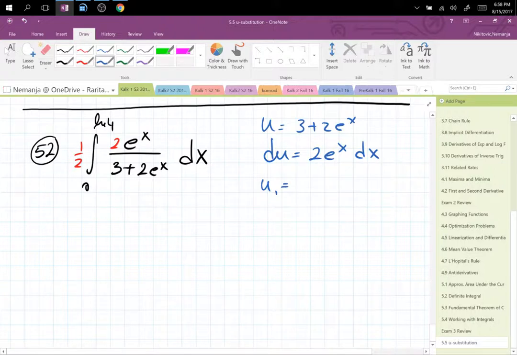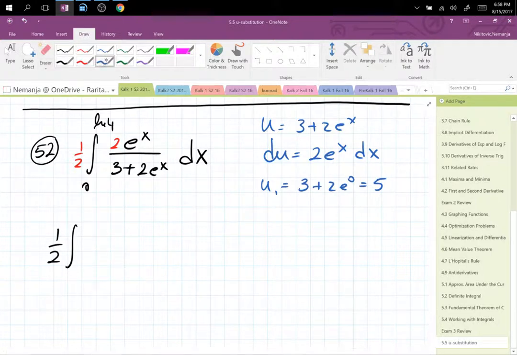We plug 0 into the substitution, and we get 5. Is that okay? So the bottom limit gives us 5. For u2, the upper limit, 3 plus 2e to the ln 4. e and ln will cancel. 2 times 4 is 8, plus 3 is 11.